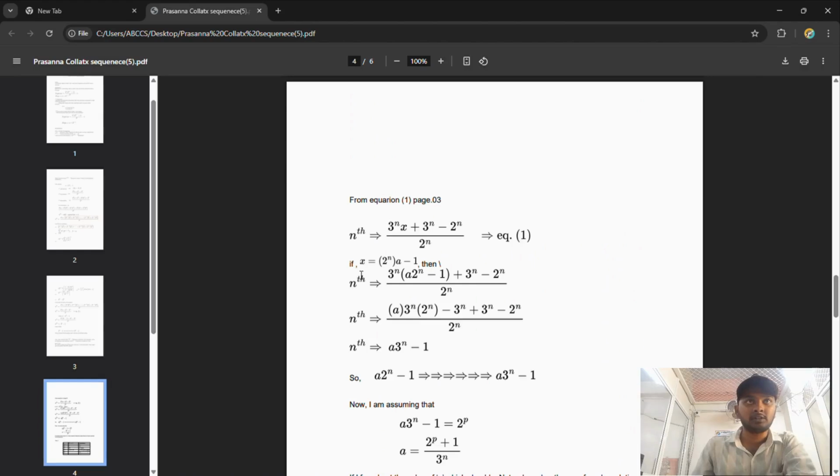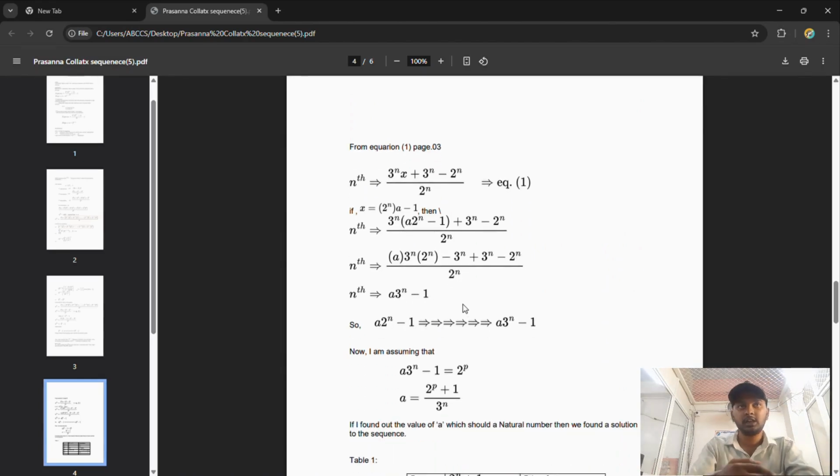If x is equal to 2 to the power of n times a minus 1, so what happens? I applied it and I got a times 3 to the power of n minus 1. This is the equation. And I am assuming that a times 3 to the power of n minus 1 should be a number that is only a multiple of 2.